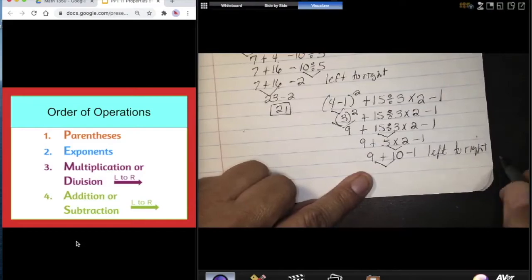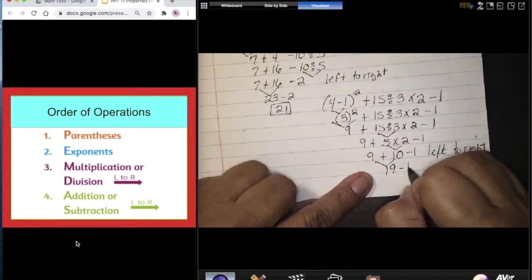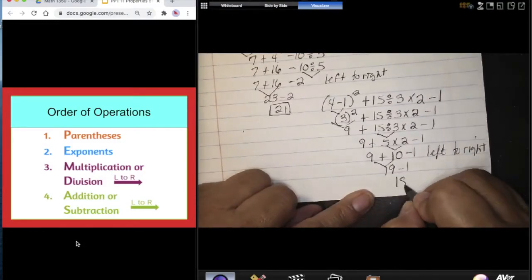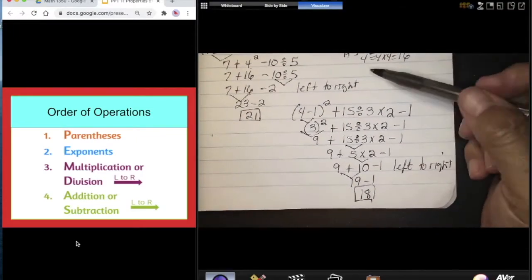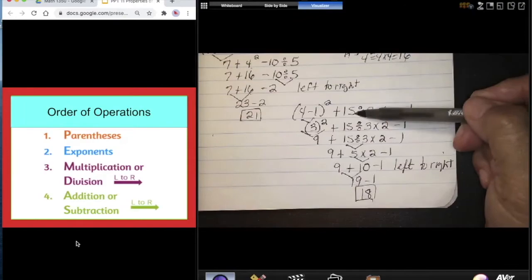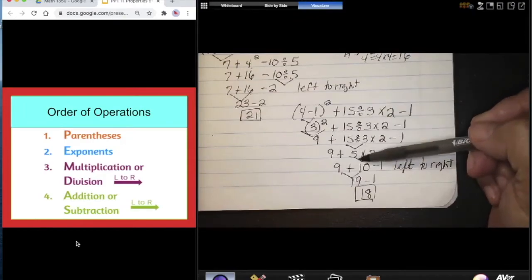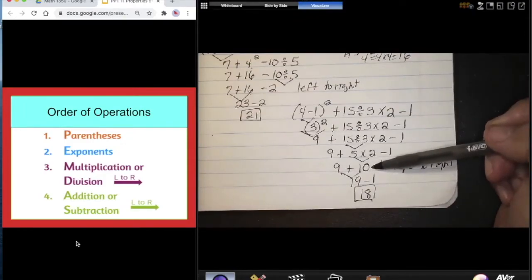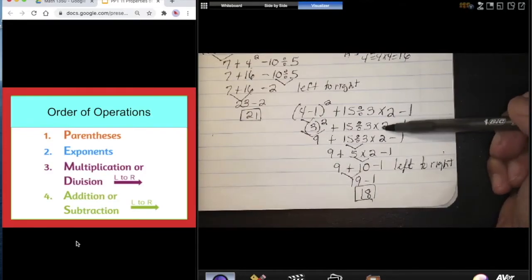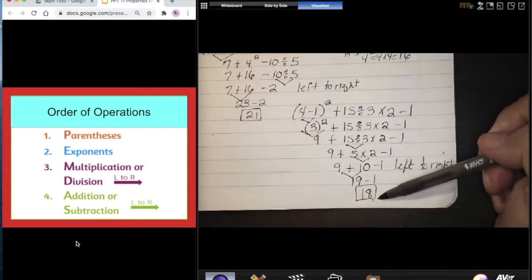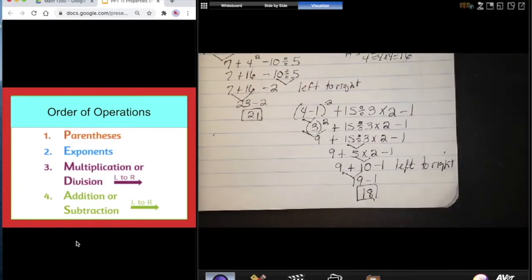On the left, I have addition in this problem, and then I subtract. Let's double check our work. 15 divided by 3 is 5. Okay. If you count the original step plus 1, 2, 3, 4, 5, 6 more steps.